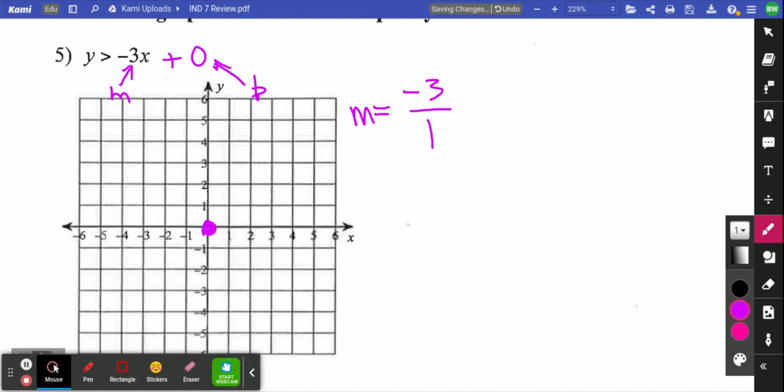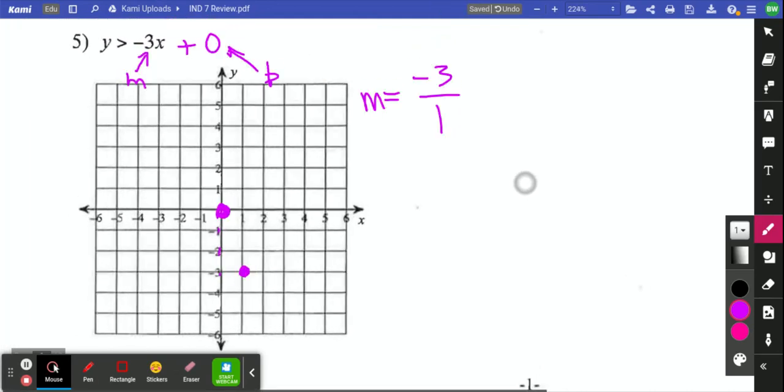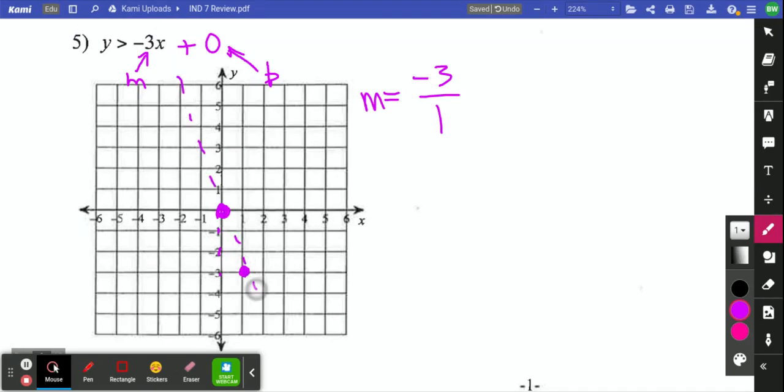And so we go down 3, 1, 2, 3 over 1. There's our point. And we just have to make a dashed line connecting those because, again, this is not greater than or equal, so we don't make the solid line, we make the dashed line. Okay, and now we just have to decide which side to shade, and we shade above because it's greater than.